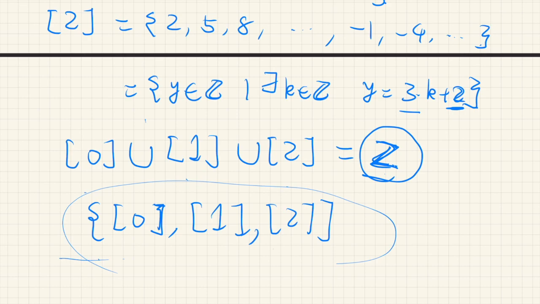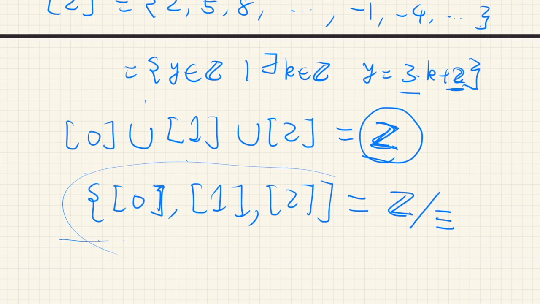And this collection is usually written as Z divided by this equivalence relation. Okay, and it's called a quotient set of integers by this congruency in this case.